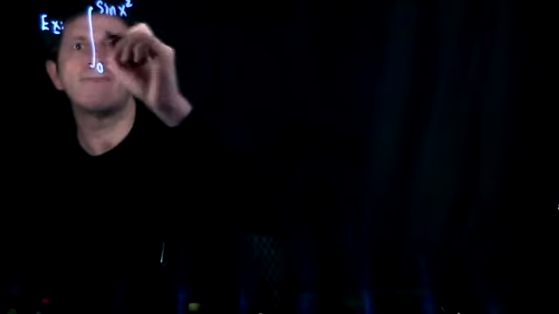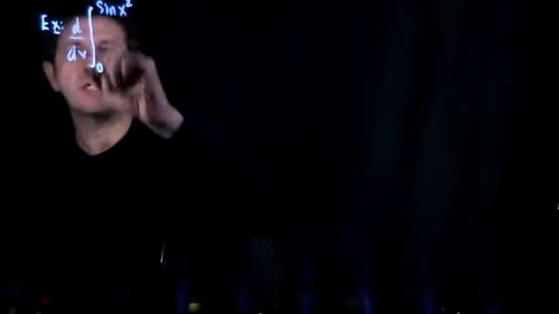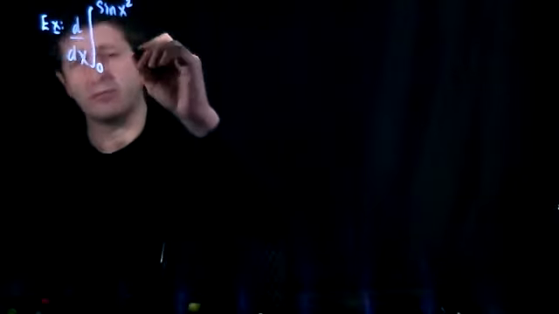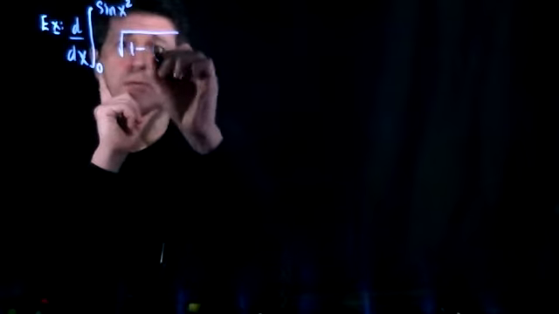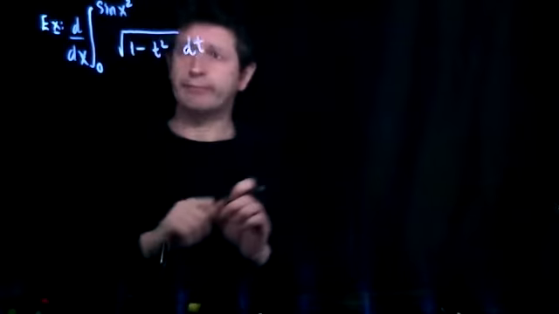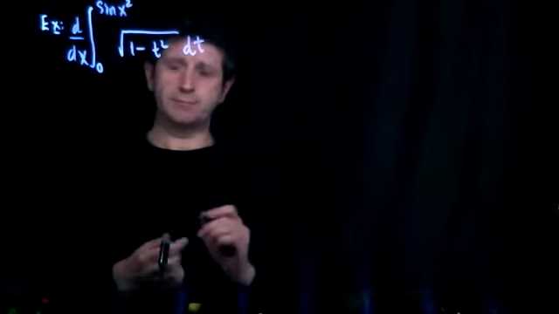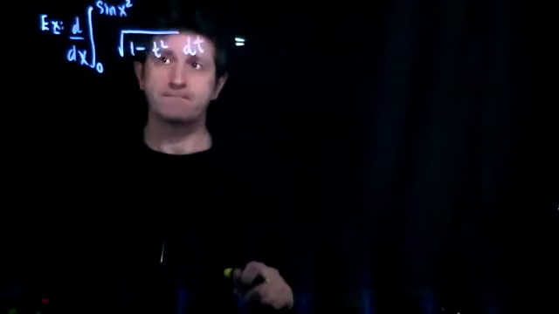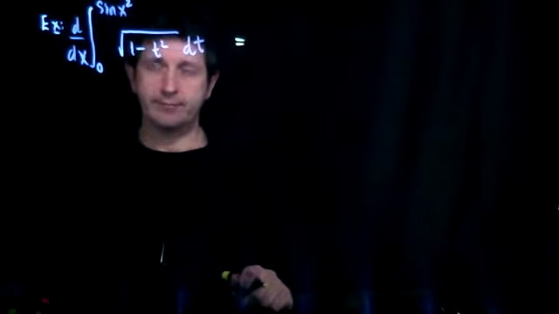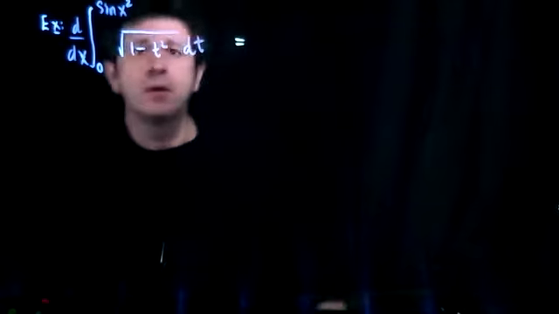From 0 until sine x squared, we want d/dx, basically the derivative with respect to x, of the square root of 1 minus t squared. Okay, so basically, we're looking for the derivative.